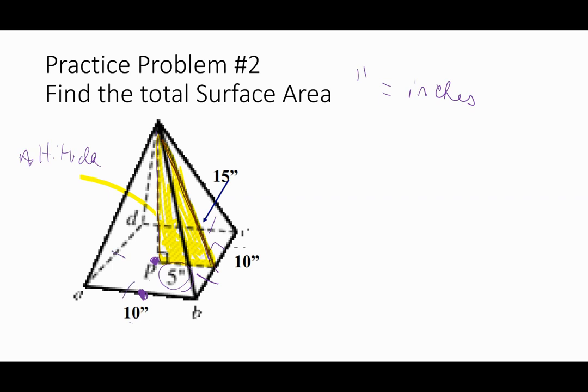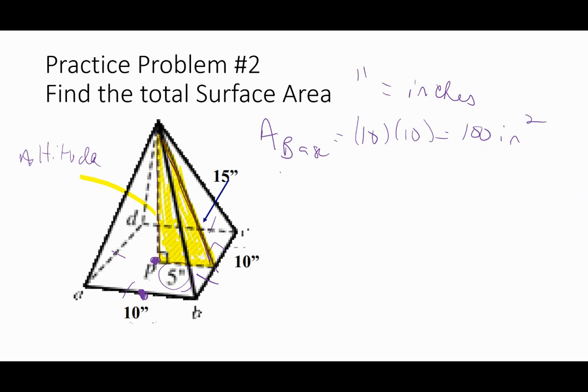All right. So let's calculate the area of the base. Again, it's 10 times 10, which is 100 inches squared.